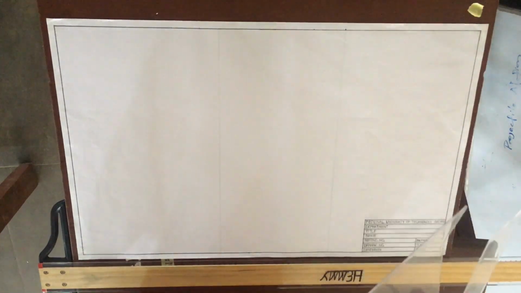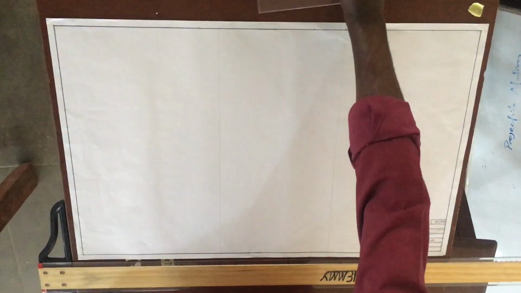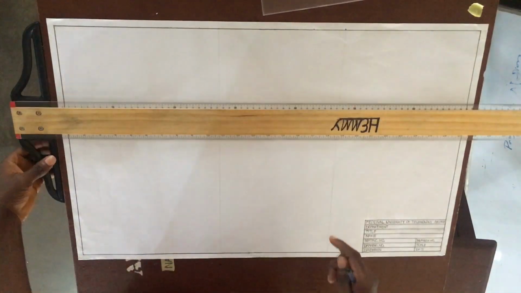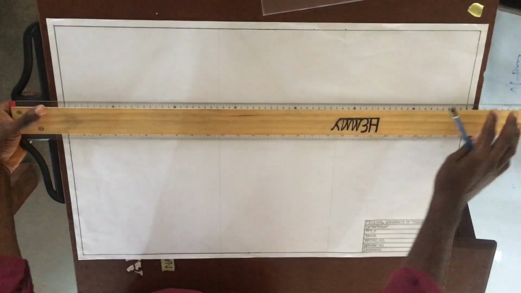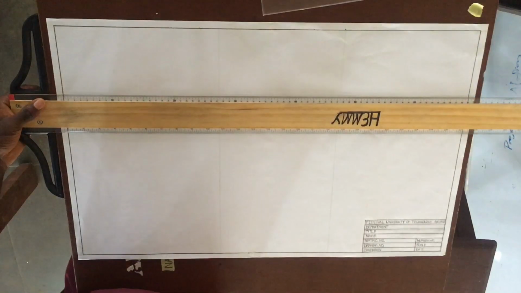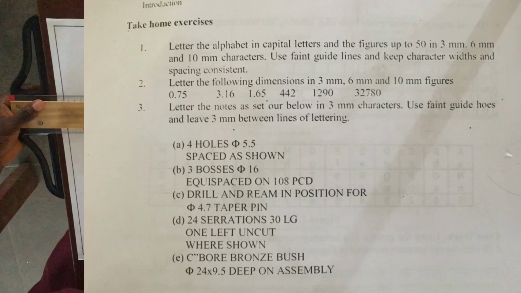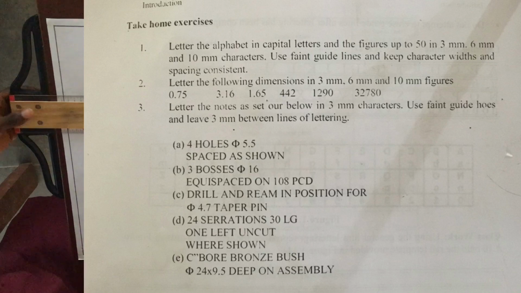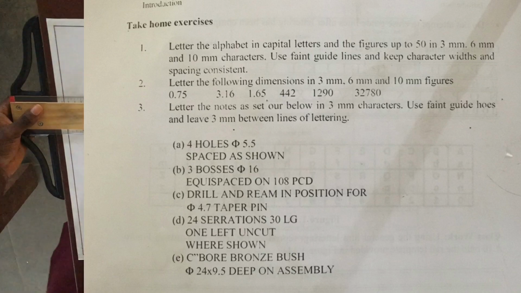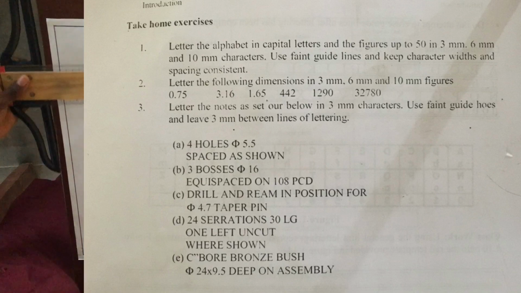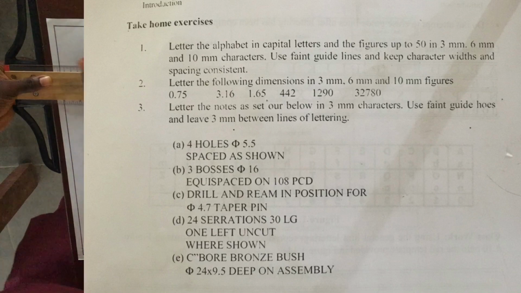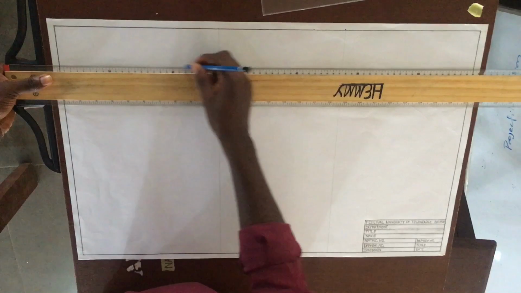All right. So for question one, we are going to be writing letters A to Z and numerals 1 to 50 in 3 millimeter, with the letters' height being 3 millimeter. So the first thing to do is, okay, let's draw a horizontal line. Let's assume we are going to start at this region.